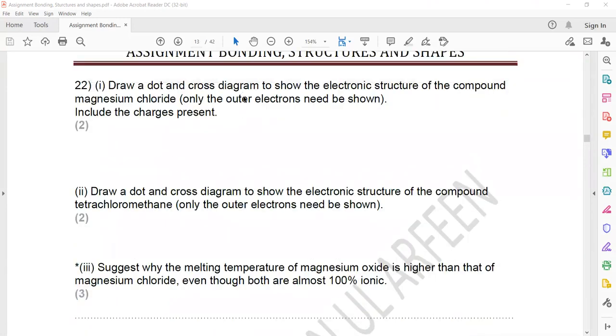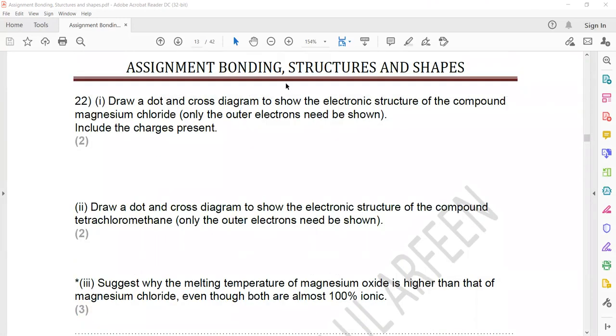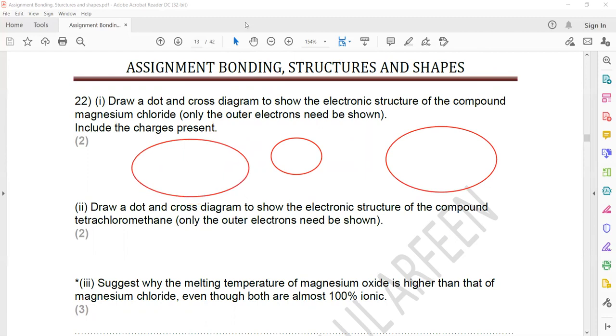In question 22, draw a dot and cross diagram to show the electronic structure of the compound magnesium chloride. Only outer shell electrons, and include the charges. So dot and cross: magnesium belongs to group 2, so it will lose all of its valence shell electrons, and chlorine belongs to group 7, and we just have to draw the outer shell electrons. Magnesium's electronic configuration is 2, 8, 2.